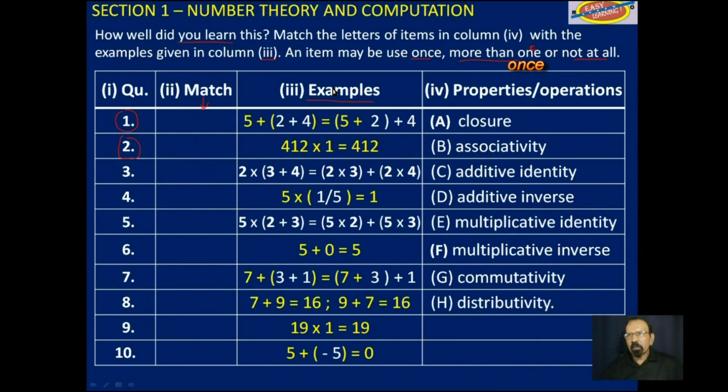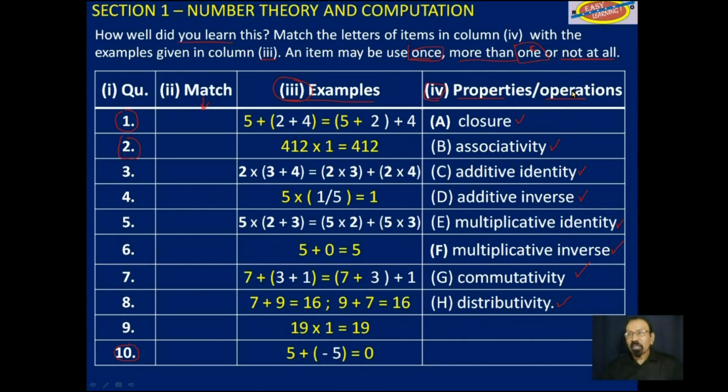Here are the examples in column 3, and these are the properties as we learned them in column 4: closure, associativity, additive identity, additive inverse, multiplicative identity, multiplicative inverse, commutativity, and distributivity. You notice that we have 8 items in column 4 and 10 items in column 3, and it does say that an item may be used once, more than once, or not at all.